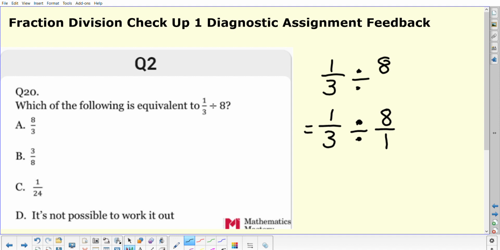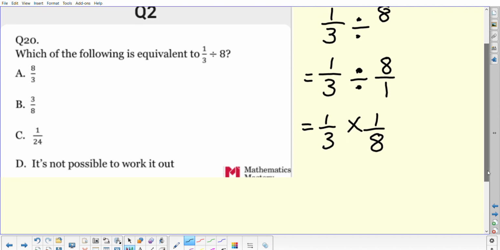And then, as we know, to divide by fractions, you keep the first fraction, you then flip the switch, the divide to a times, and you flip the last fraction over so that it becomes 1/8. No cancelling to do here, so it's just 1 times 1. It's 1, and 3 times 8 would give us 24. 1/24. So your answer for this one should have been answer C.